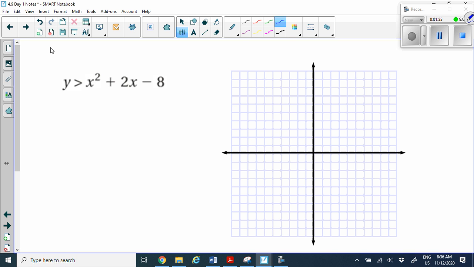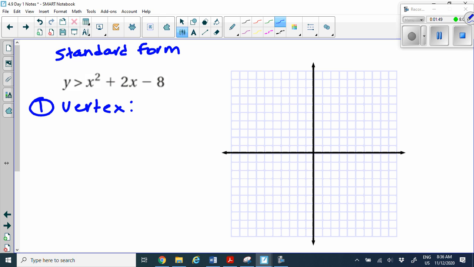Now notice what form this is in. This is in standard form. So we are going to use what we have learned on how to graph a quadratic in standard form. The very first thing that we need to do is figure out the vertex. Remember, to find the x value of the vertex in standard form, we do the opposite of b over 2a. We have b as 2, so the opposite would be negative 2, and we have 2 times 1.